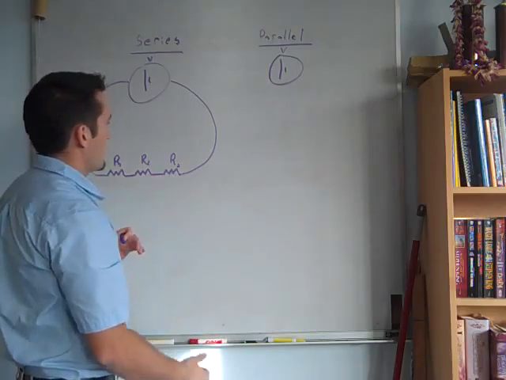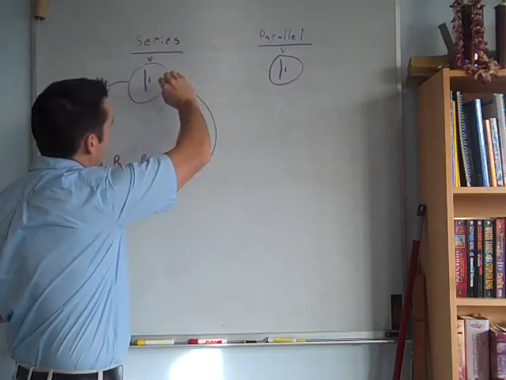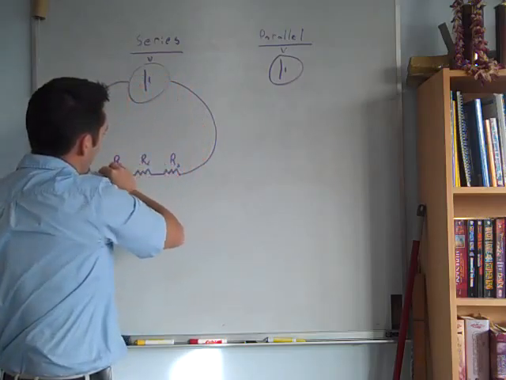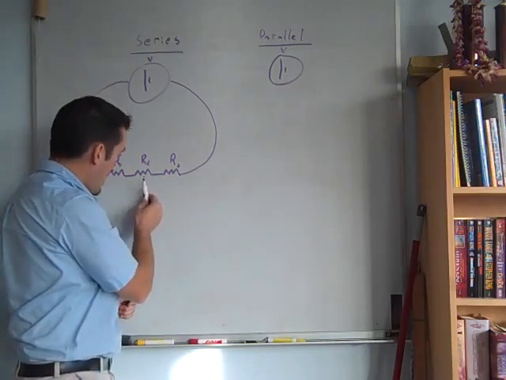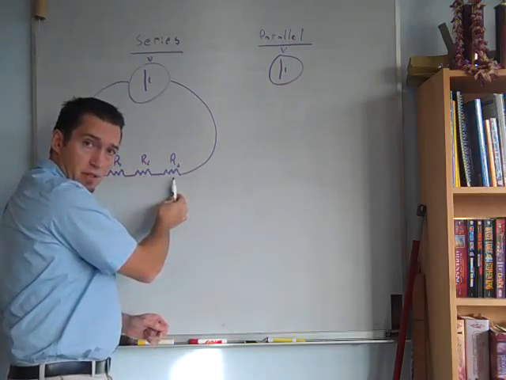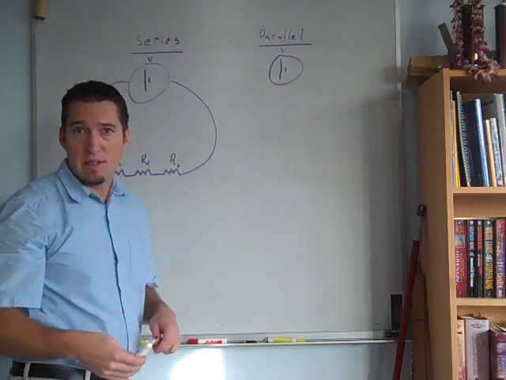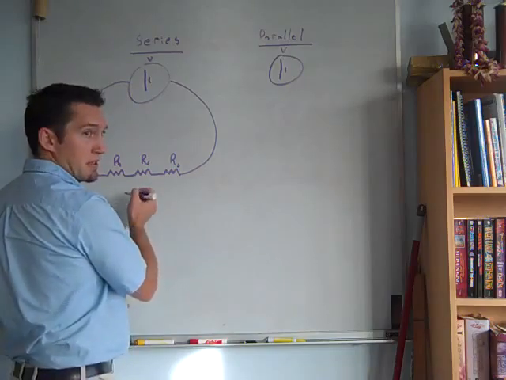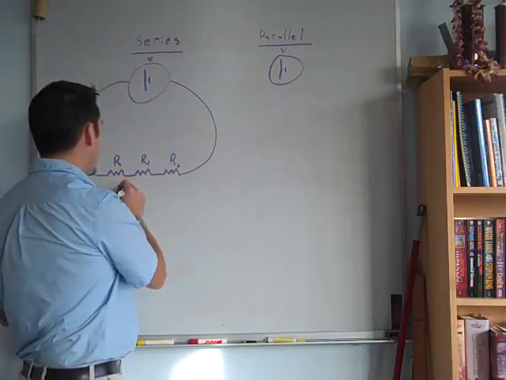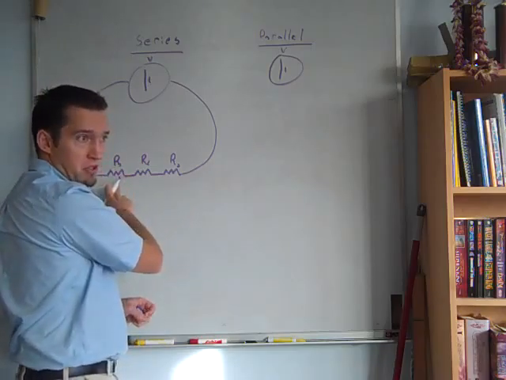And what we find in this circuit is that the current, when it's going from one side of the voltage source to the other, every time it crosses a resistor, it slows down. It's impeded more and more and more. So here's where you're going to get your first initial reading of current.